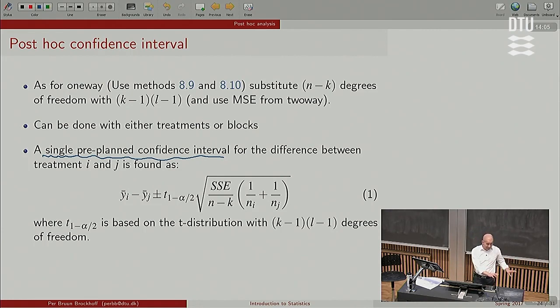But I know at the end of the day, when I've done this study, I want to choose between those two prototypes. For some reason, that's where I am. That's what I mean by a pre-planned comparison. Then we can go ahead and do something which is very much like the two-sample t-test, independent or paired anyway, but still not exactly that.